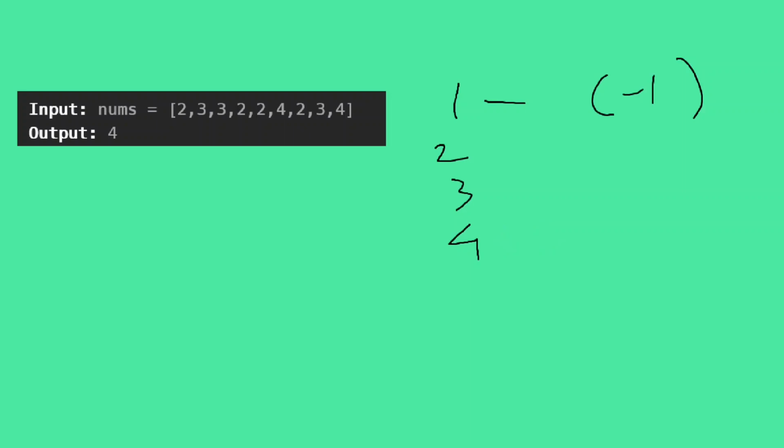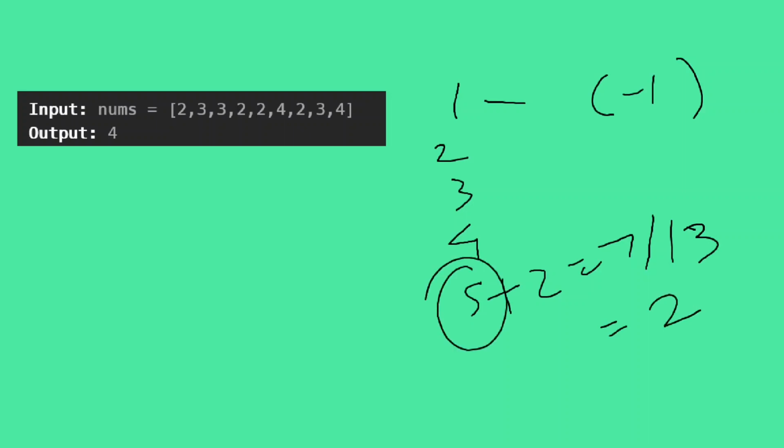And similarly for 5, if I add 5 plus 2, 7. 7 divided by 3 would be 2 again. So I can remove 5 elements with 2 operations, which is removing 3 elements and then removing 2 elements.